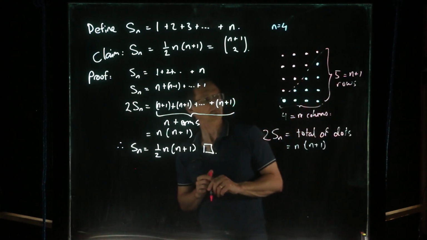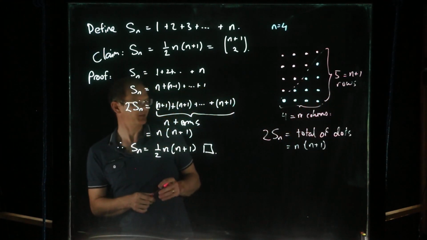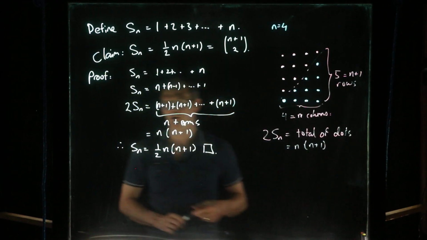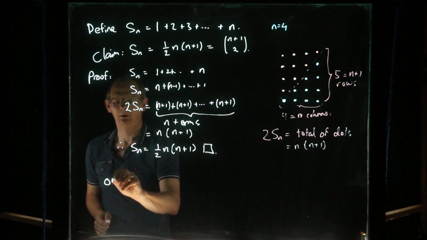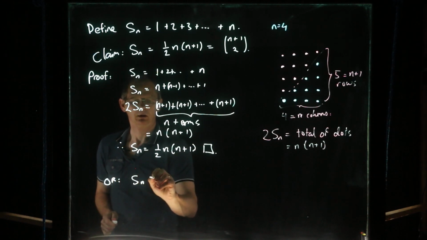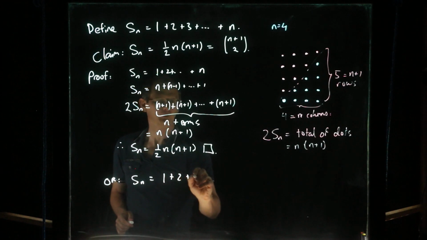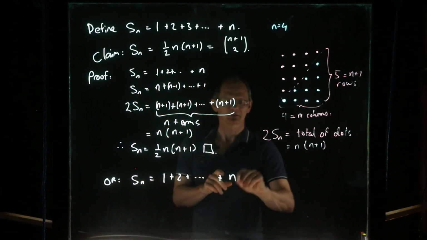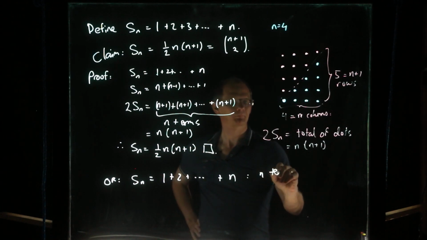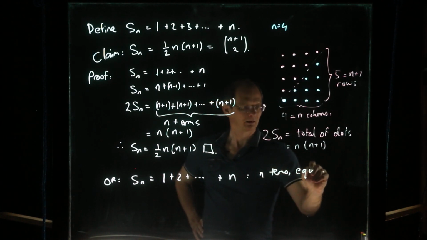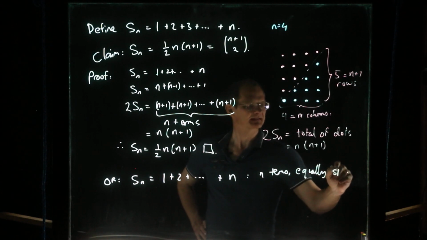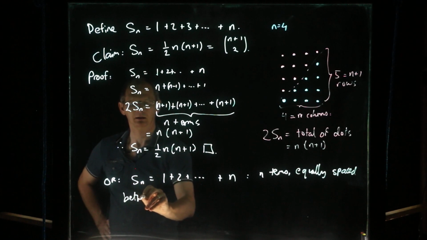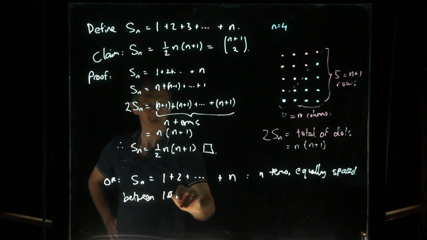Or yet another way we can say the same thing, essentially. Sn again is 1 plus 2 plus up to n. So what we've got is n terms equally spaced between 1 and n.